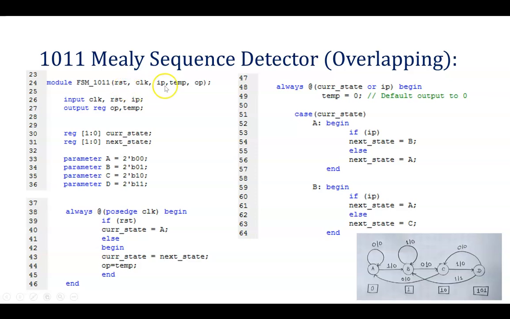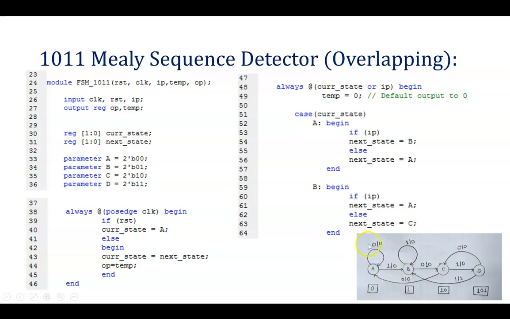Out of these, which are the inputs and output mentioned over here? Inputs are clock, reset and IP, and the output we have considered as a range, which is OP, and this is the temporary register we have taken to update our output. Now, as you know, this is the state diagram, and A, B, C, D are the states.